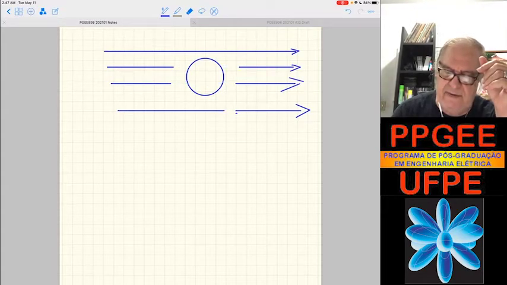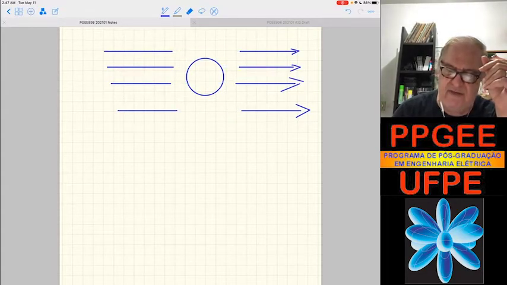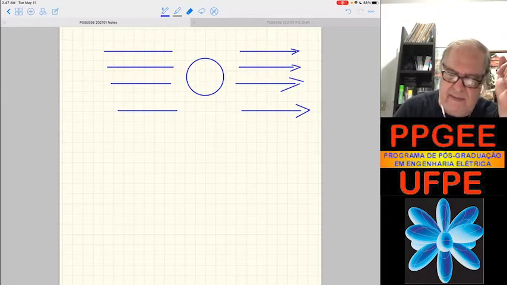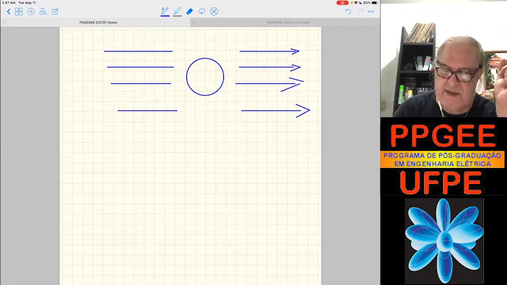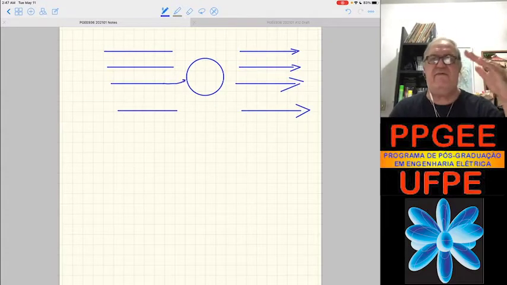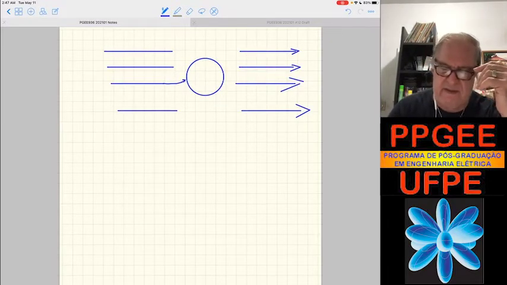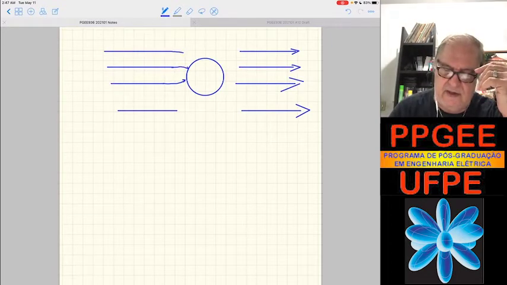So what's going to happen is that we are going to distort the field. We are going to induce charges on the sphere. The field has to bend, so it has to end orthogonally to the surface. So we're going to have something like this, something like that.